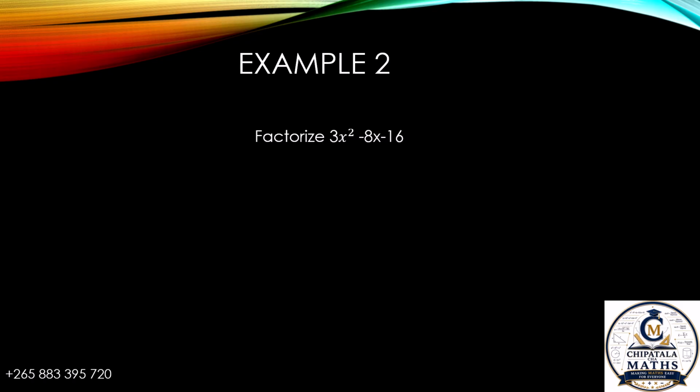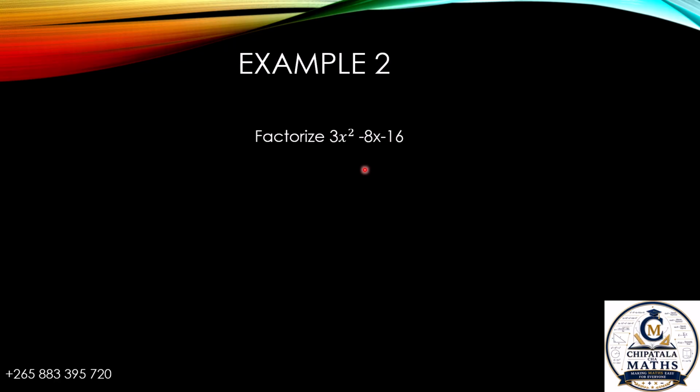So to find two numbers which can be added to give us the number in the middle, they are negative 12 and positive 4. Remember, these factors should be numbers that, when we multiply them, will give us the same as when we multiply the first and last numbers.